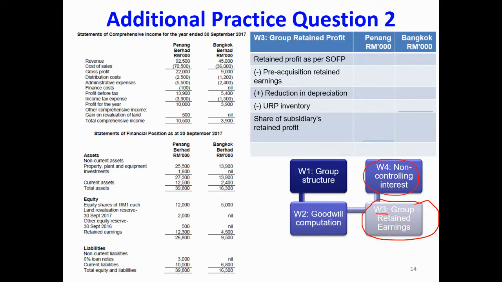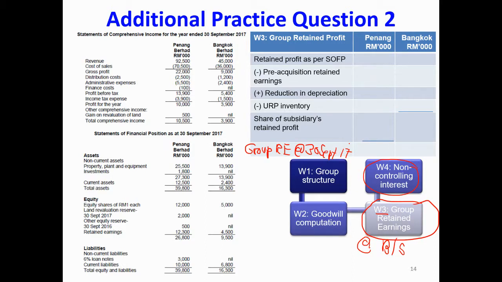This working number 3 is where you calculate the group total retained earnings at your balance sheet date. So for this question, we want to find out what our group retained earnings is as at 30th Sep 17. If you want the group retained earnings, it means that we take the parent figure plus the subsidiary figure here.